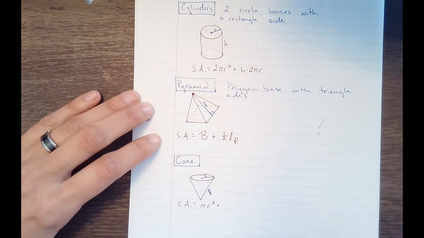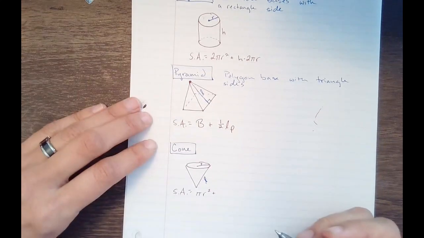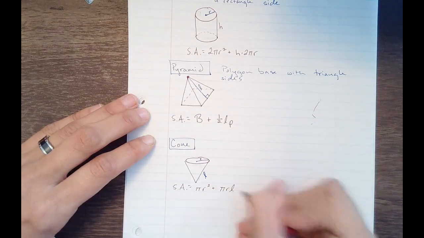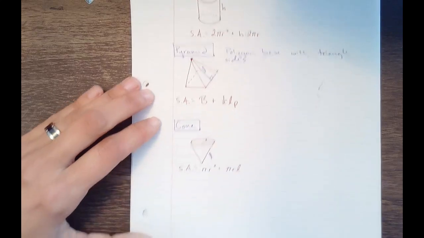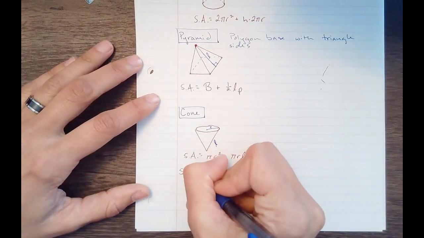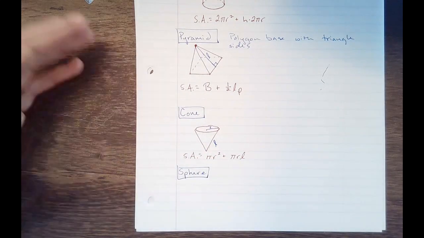And then the last one that we have is the sphere, which, remember, is anything like a ball or a globe. The easiest way to draw that is to draw a circle, a little curved line here, and then you're drawing two circles.